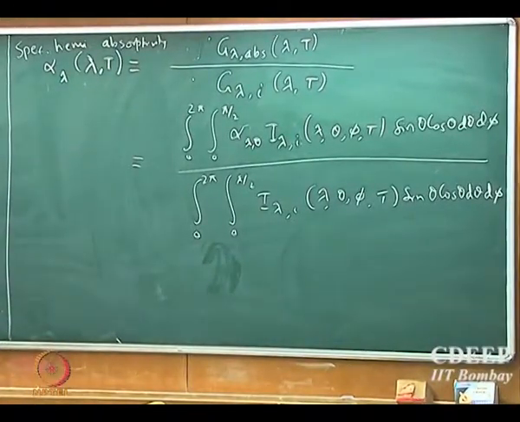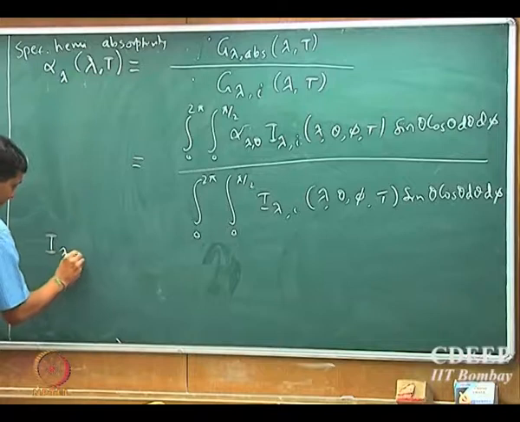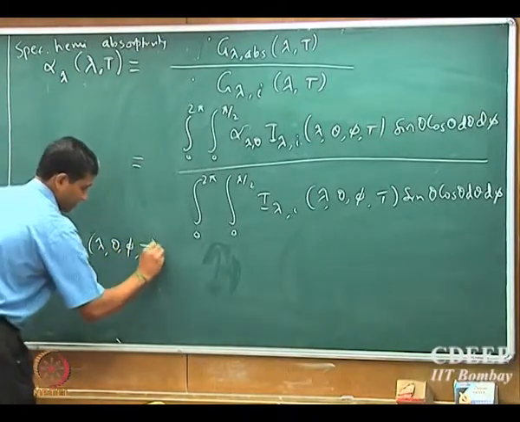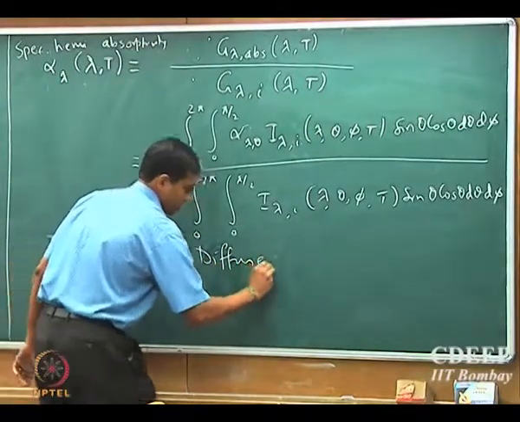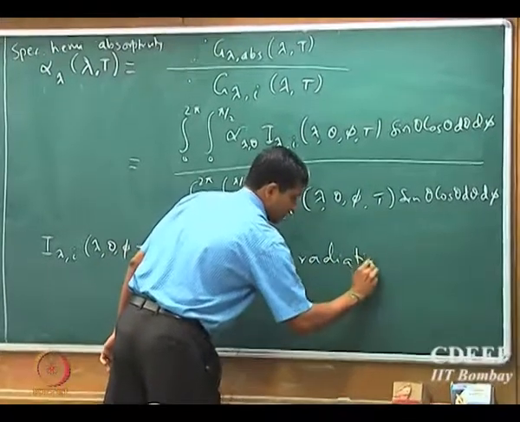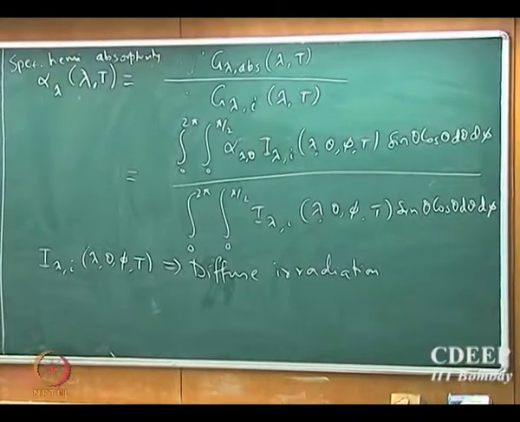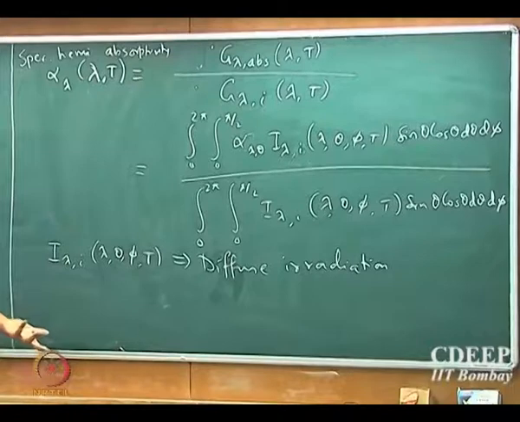So supposing the incident irradiation is a diffuse irradiation, it means that the irradiation that is received by the surface is the same in all directions in the hemispherical coordinates.